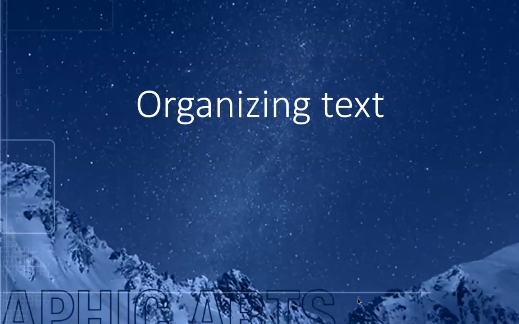All right, so let's start talking a little bit about organizing our text and what techniques of the different things that we've learned about, how we can use those in different techniques to organize text.